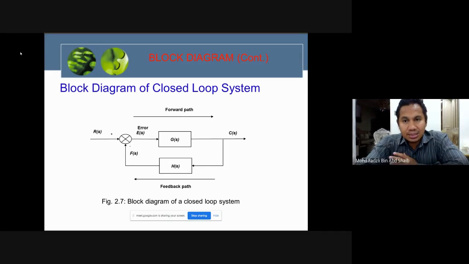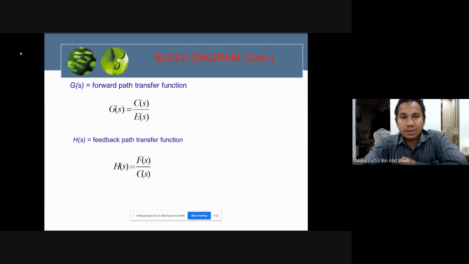C(s) is the output, G(s) is the transfer function, H(s) is the feedback path, and F(s) is the difference, the error, the difference of what we obtain as an actual response.